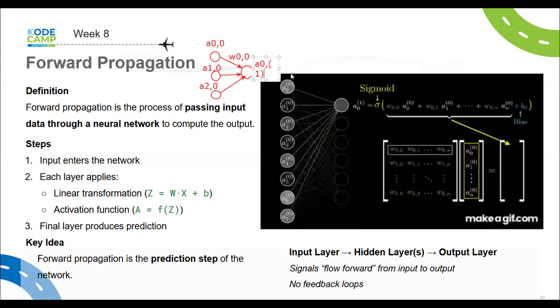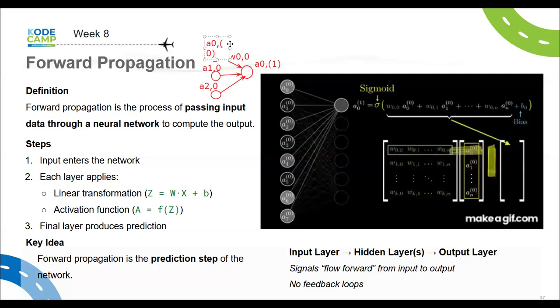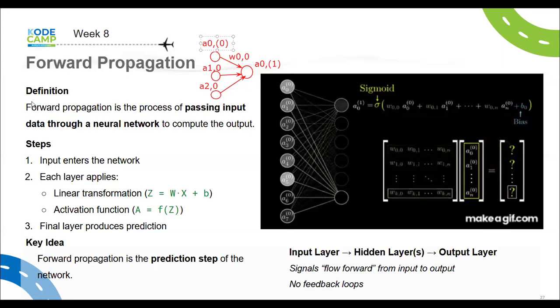Okay. So with this, what you notice is that W00 is the weight that is connecting the output from A0 on the first layer, or the 0th layer, to the input of A0 on the next layer. That's W00.